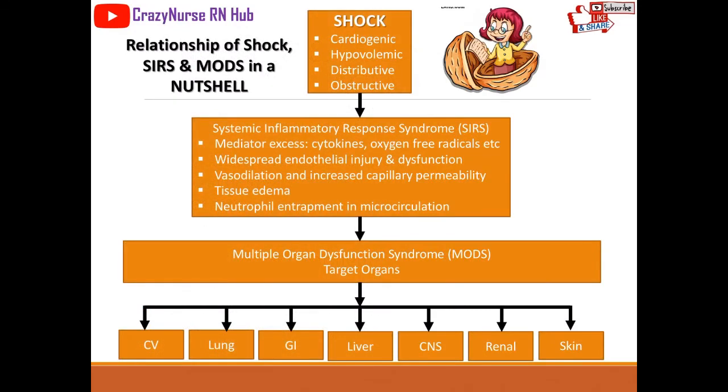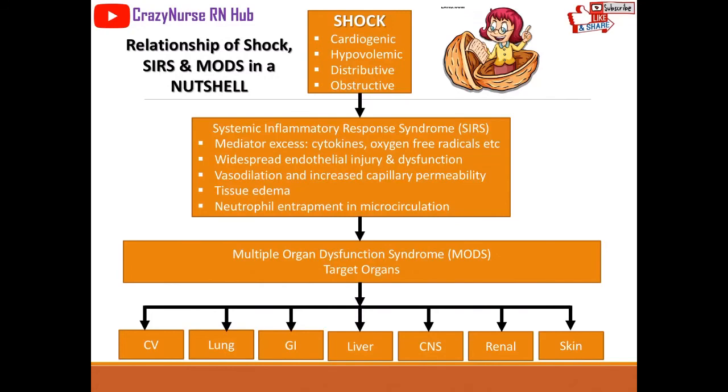To end this presentation, let's discuss the relationship of shock, SIRS, and MODS in a nutshell. So first, the patient has a shock. It could either be cardiogenic, hypovolemic, distributive, or obstructive, and if this shock cannot be managed well, it will progress to systemic inflammatory response syndrome.